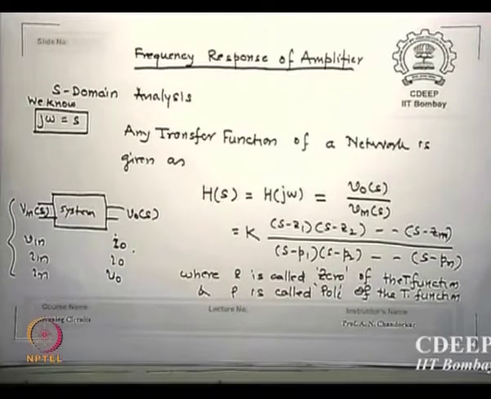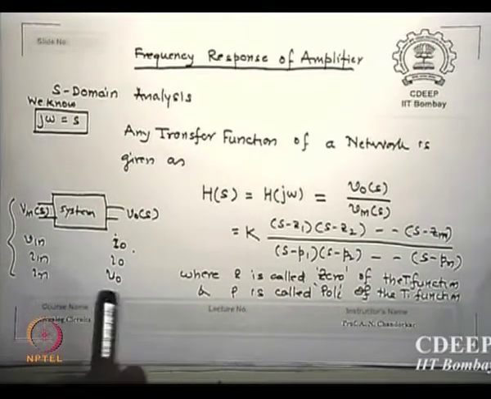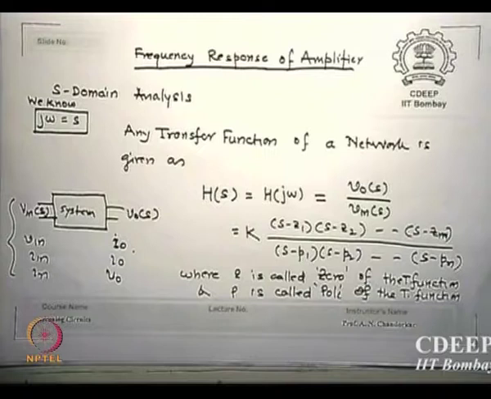In the numerator you have a series of terms: (S minus Z1) into (S minus Z2) into (S minus Zm), divided by (S minus P1) into (S minus P2) into and so on up to (S minus Pn). The Z's are called zeros of the function, and the P's are called poles of the function, is that correct? This has nothing to do with the network per se; as I repeat, this is true for any transfer function.